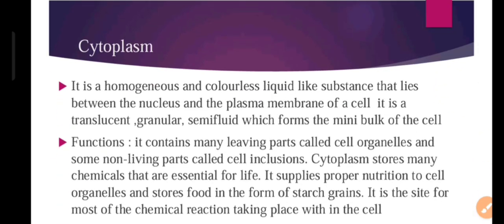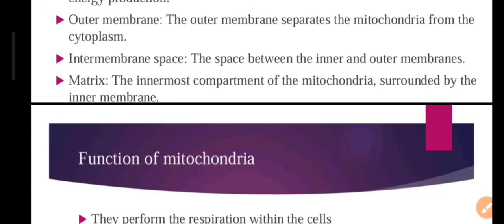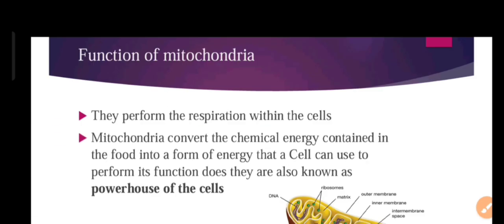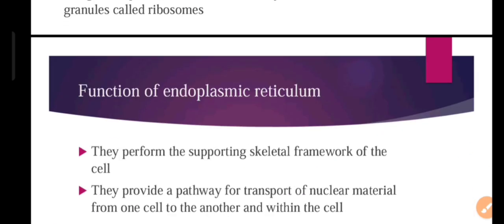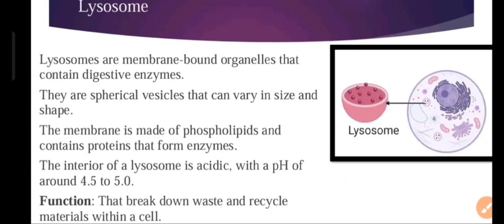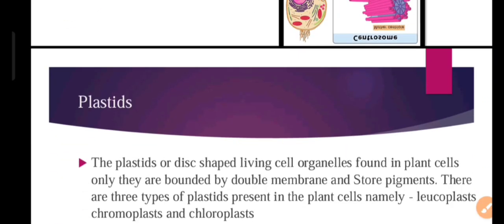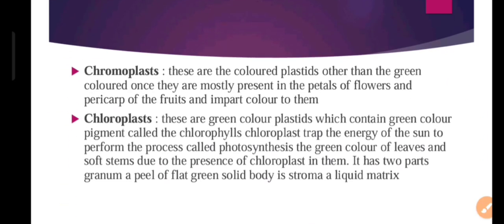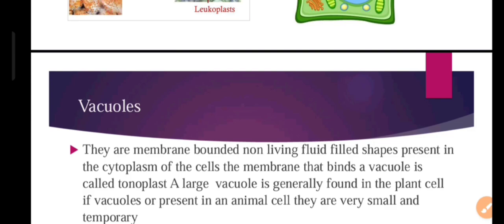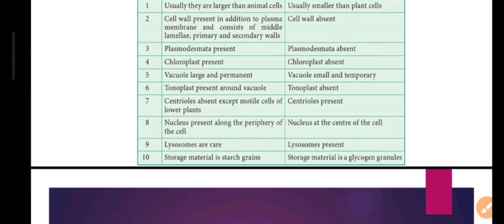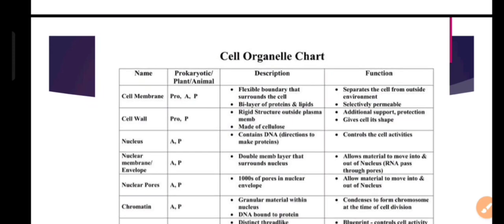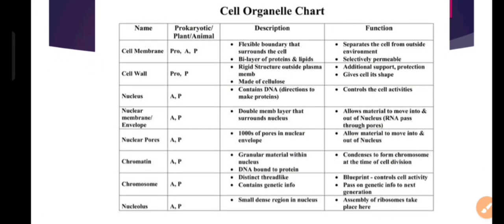Coming to the cell organelles: cytoplasm, mitochondria, endoplasmic reticulum, Golgi bodies, lysosome, centrosome, plastids, types of plastids, vacuoles, differences between plant and animal cells, and the function of cell organelles.